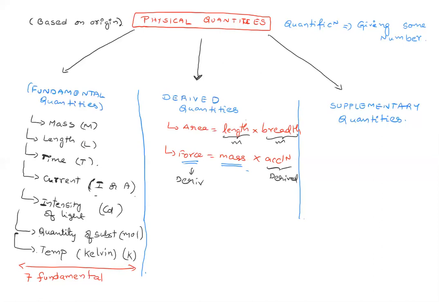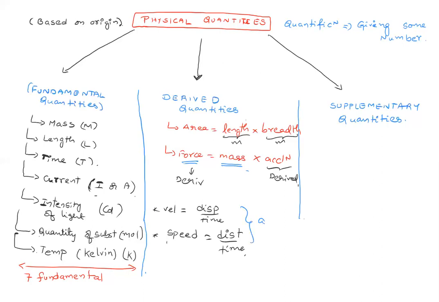Now if you consider velocity, velocity is displacement by time. Speed is distance by time. We'll see the difference in detail soon. But remember that velocity is displacement by time and speed is distance by time, provided there is no acceleration.